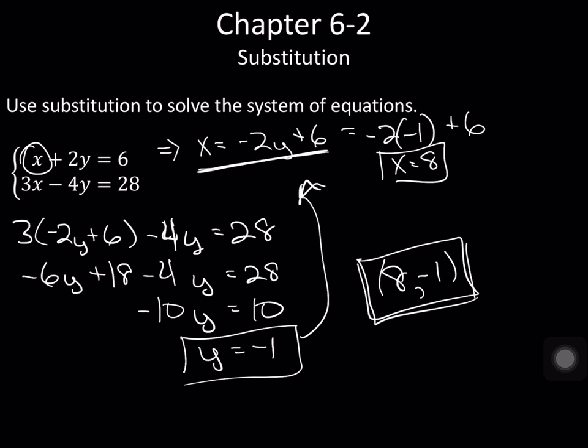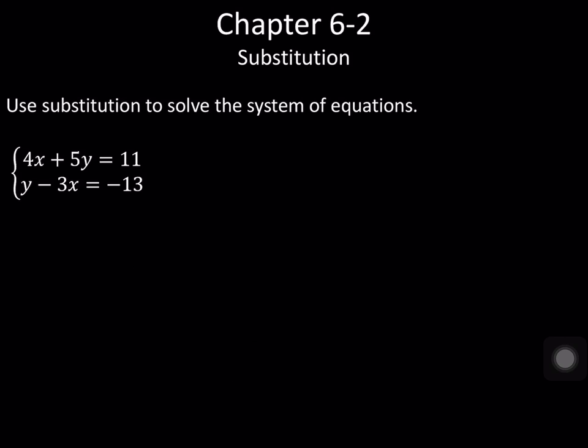Okay. And again, this one we actually had to take that first step of getting x or y by itself, whichever one is easier. Solve for the variable that we can, and then plug that value back in to find the other one. All right, let me give you one more to do. And again, you figure out which variable you want to get by itself and then solve using substitution. I hope you saw the y was easiest to get by itself in this bottom equation by adding 3x to both sides.